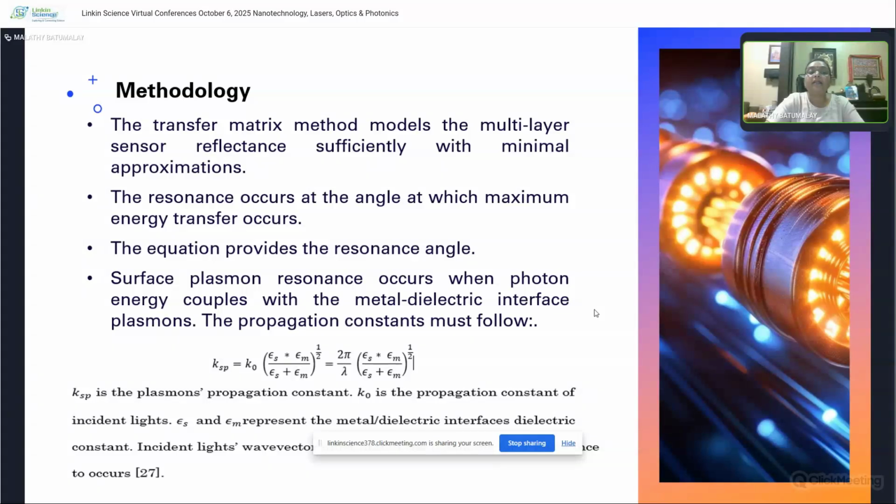I've also shared the equation that provides the resonance angle. Surface plasmon resonance, SPR, occurs when photon energy couples with the metal dielectric interface plasmons. The propagation constants must follow the equation that is given in the diagram below.